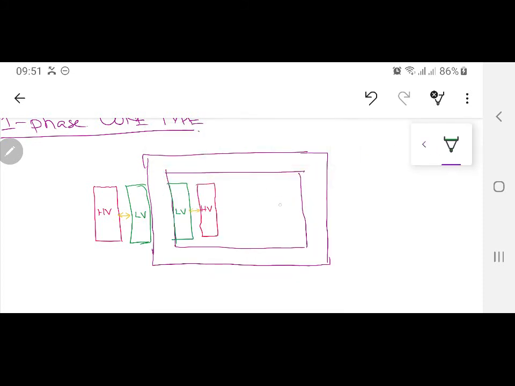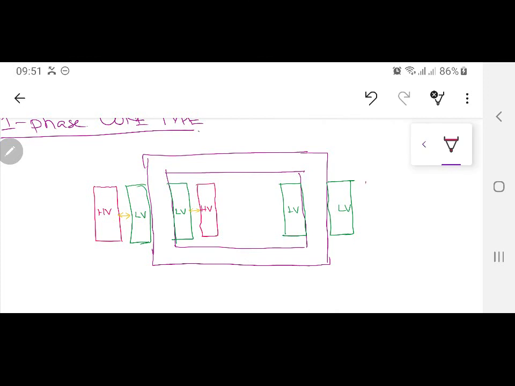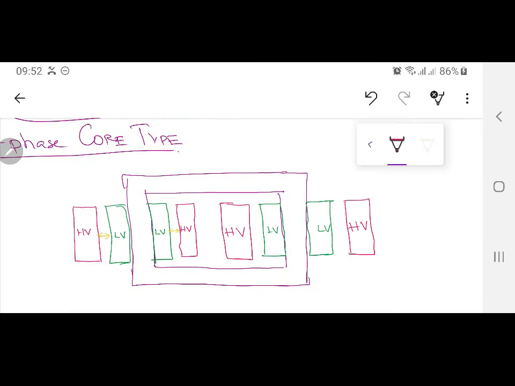So I have to now make this one, and this is my low voltage, and this is my high voltage. Okay, now this area is called the window area.